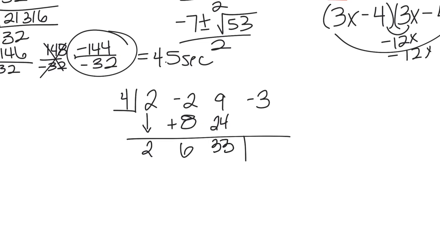That gives me 132, and then we add again to get 129. So we're adding each number, and 132 minus 3, 129. And so the answer is what's left over in the remainder box. I'm not dividing, so what I get from my evaluation is the number in that box, 129.